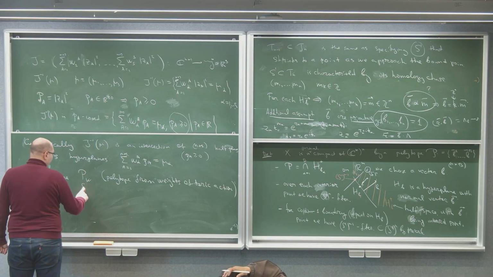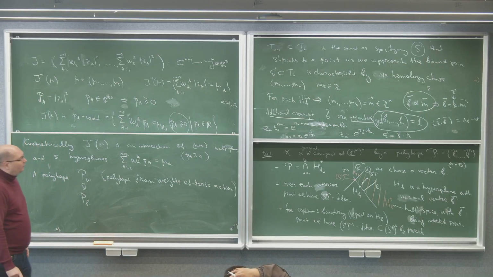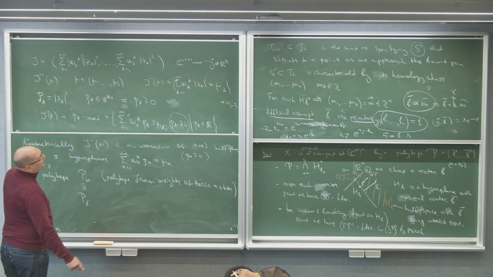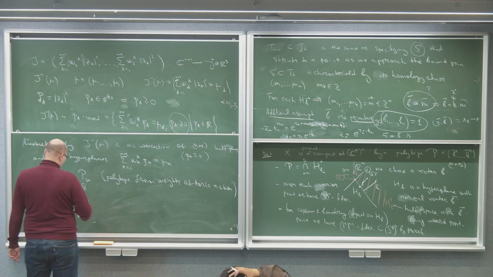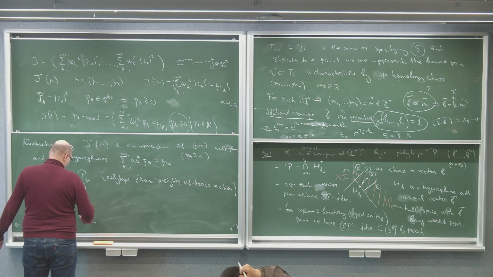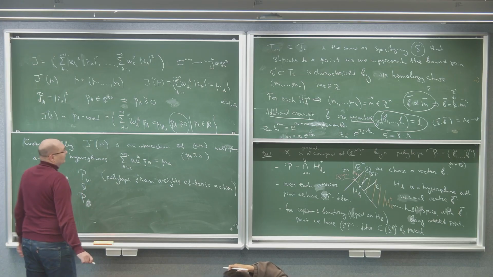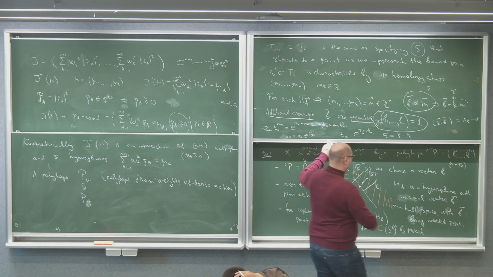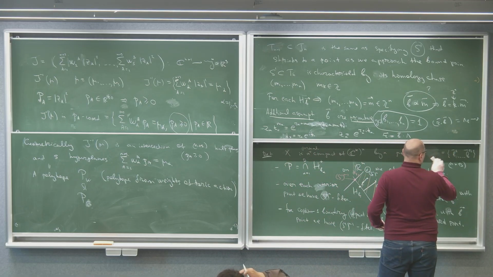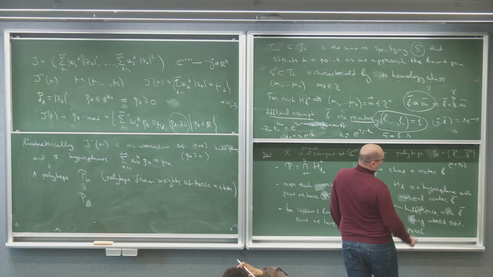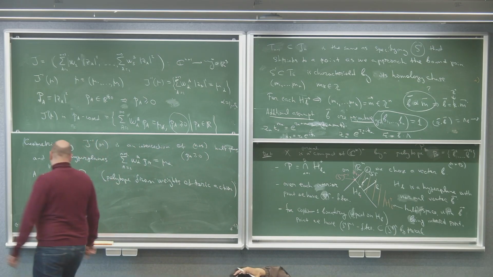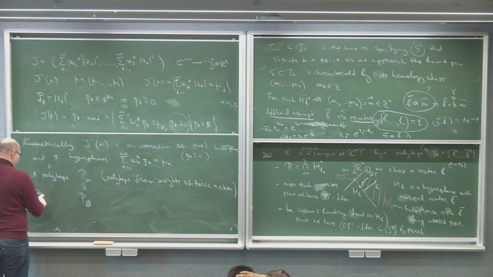So that this polytope will be isomorphic to a polytope constructed from these kinds of hyperplanes, half spaces defined by a collection of integer vectors. Let me call this a set B of integer vectors and a polytope P subscript B. So that's the statement.